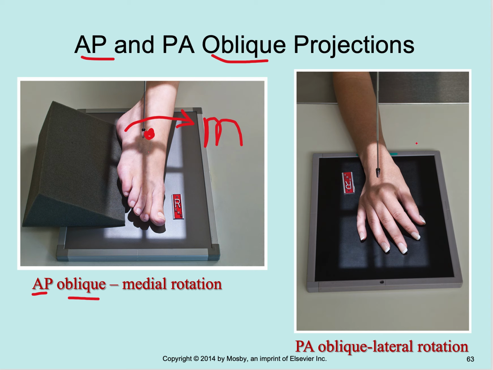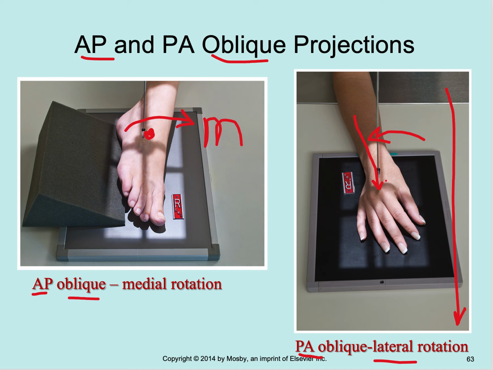And then over here, we have a PA oblique, because once again, the hand is in an oblique position. It is lateral rotation because the lateral rotation is moving away from the midline of your body. Your midline of your body is over here. So PA oblique because this is the posterior aspect of the hand. Remember how you stand in the anatomical position.